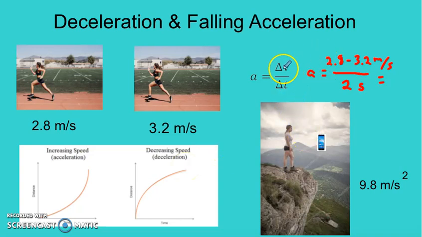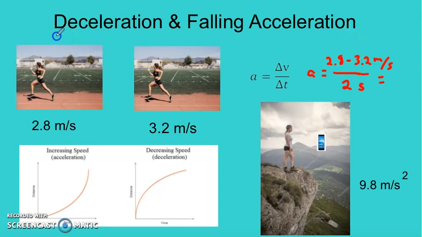So we could even calculate the rate of deceleration here, as we have change in velocity over change in time. 2.8 meters per second is the final velocity, and 3.2 is the initial velocity. So notice you're going to end up with a negative number.